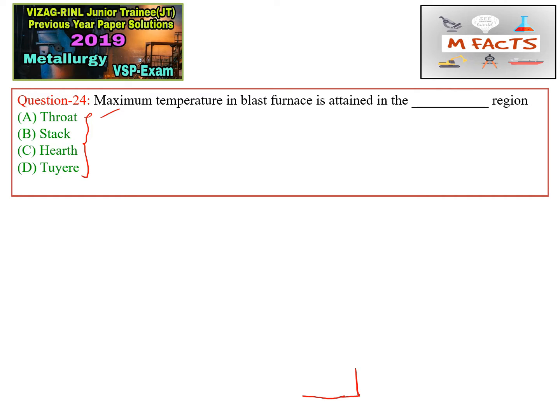This is not the actual diagram, but it will give you a little idea about the blast furnace and how we can draw a schematic diagram of it. I am trying my best to draw the figure.